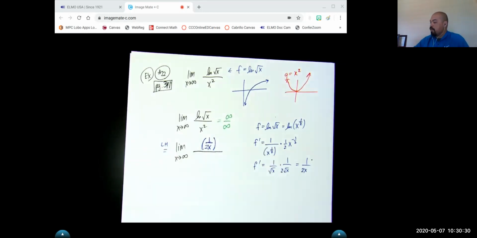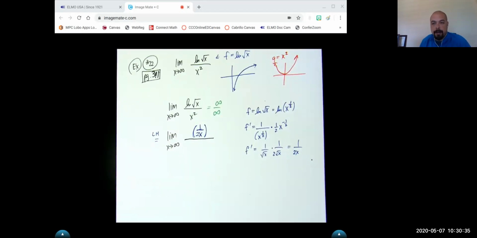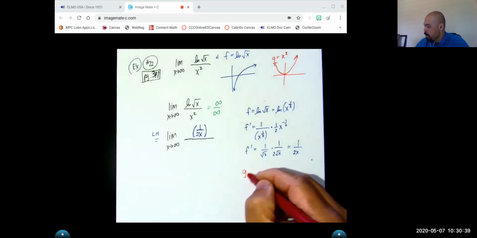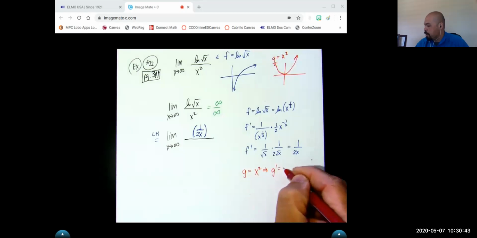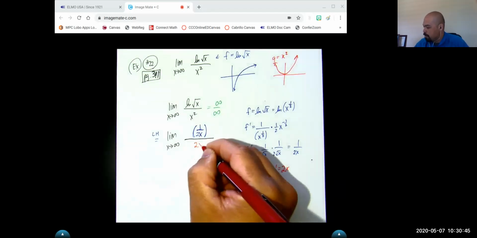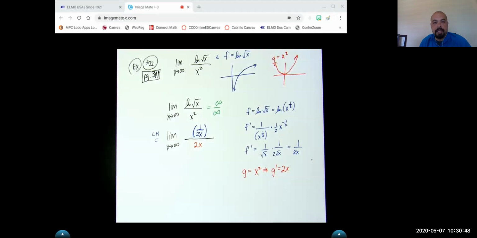There's my derivative of that expression. We can double check, practicing our derivative skills there. The denominator, my function g, x squared, has a derivative that is a lot more straightforward: 2x. Nice simple power rule there.